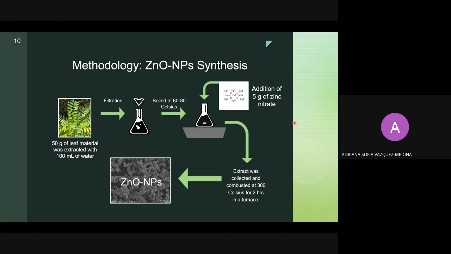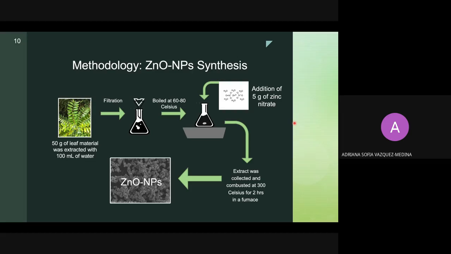For the zinc oxide nanoparticle synthesis, they retrieved 50 grams of leaf material and extracted them with 100 milliliters of water. They filtrated and boiled the sample, to which they added 5 grams of zinc nitrate, which was the compound that helped to produce the zinc oxide nanoparticles.